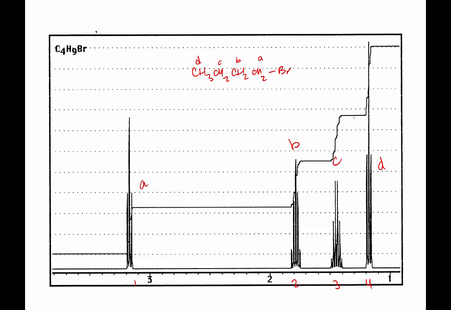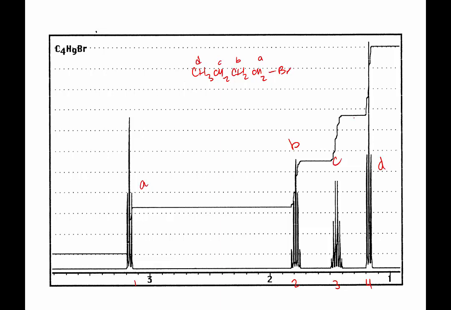It's de-shielding them, right? That was weeks ago we talked about, well, a couple hours ago, we talked about de-shielding. Seems like weeks. So the bromine is de-shielding the hydrogens attached to carbon A the most.